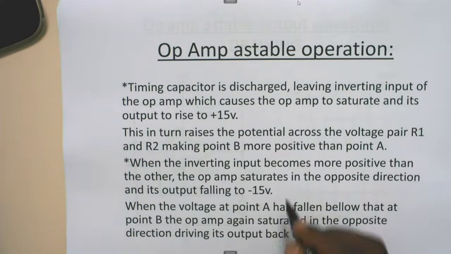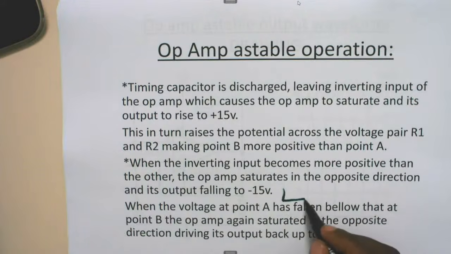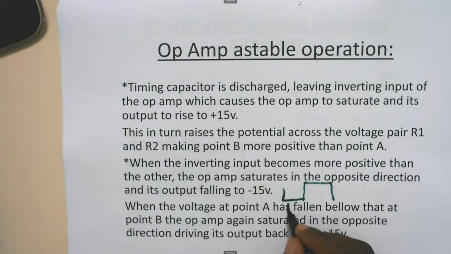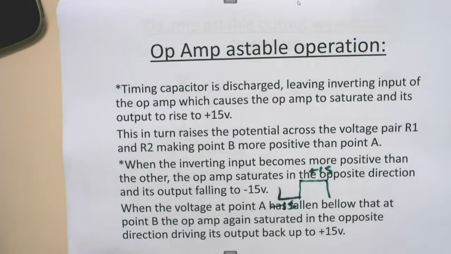In this case is when your wave is down, it's at its negative here. Then when it goes up, it's at its positive 15. Here we'll have negative 15. Then here we'll have positive 15 on your multivibrator.